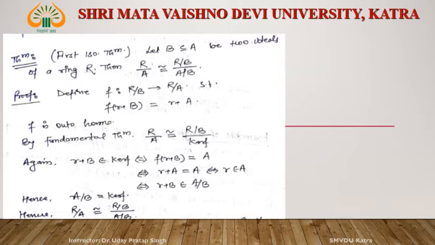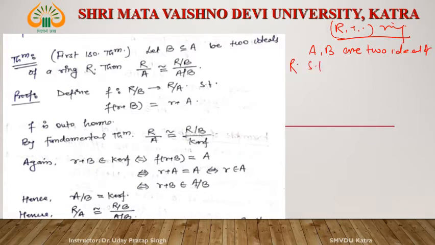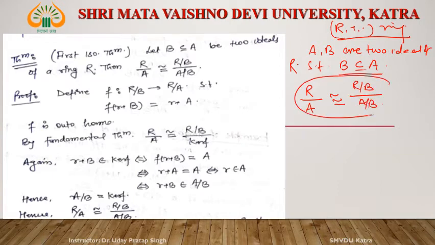If R is a ring, and A, B are two ideals of R such that B is a subset of A, then the factor ring R by A is isomorphic to the factor ring R by B and A by B. Okay. This we have to show.